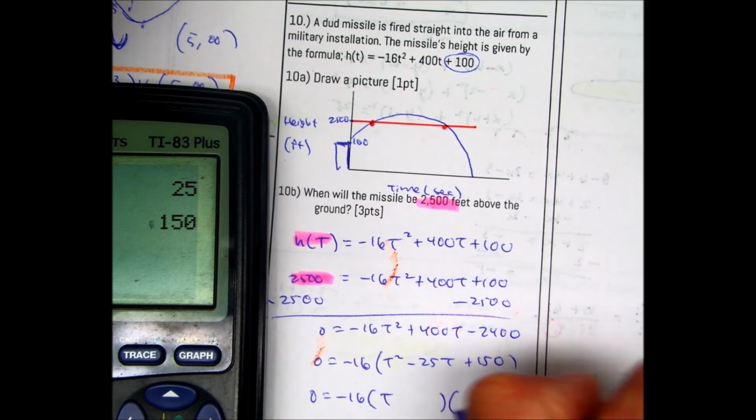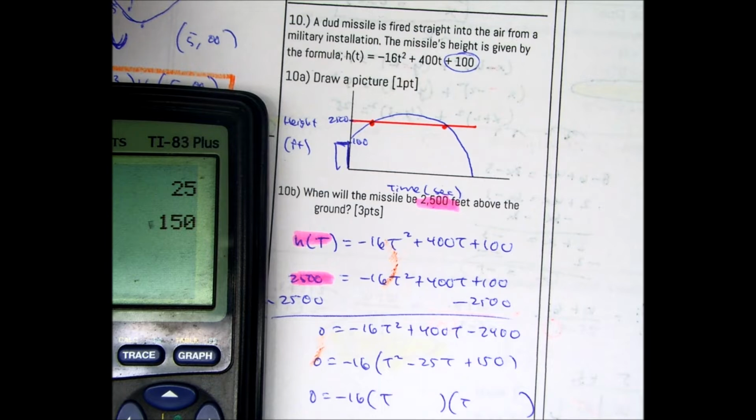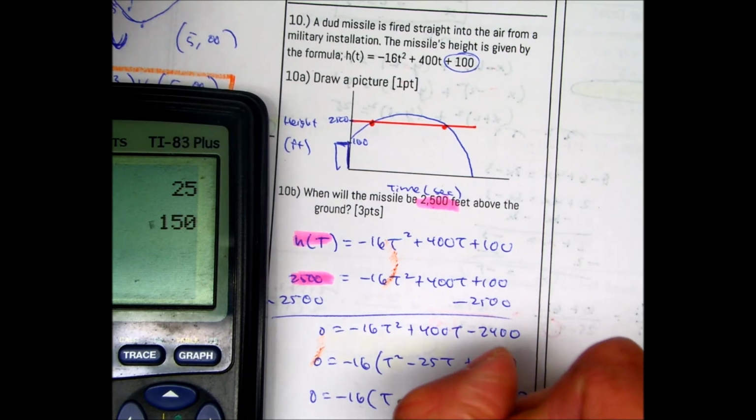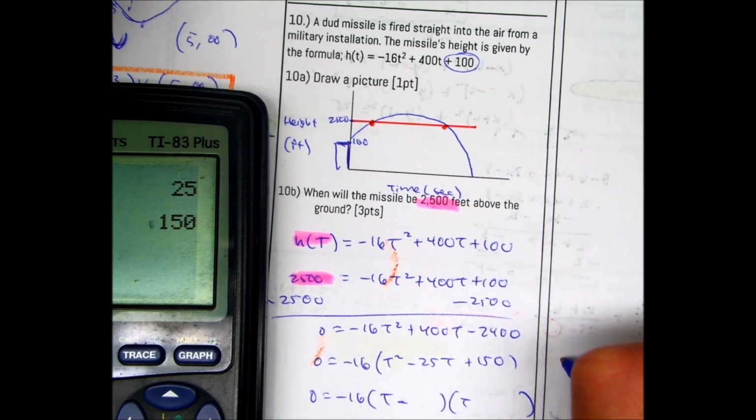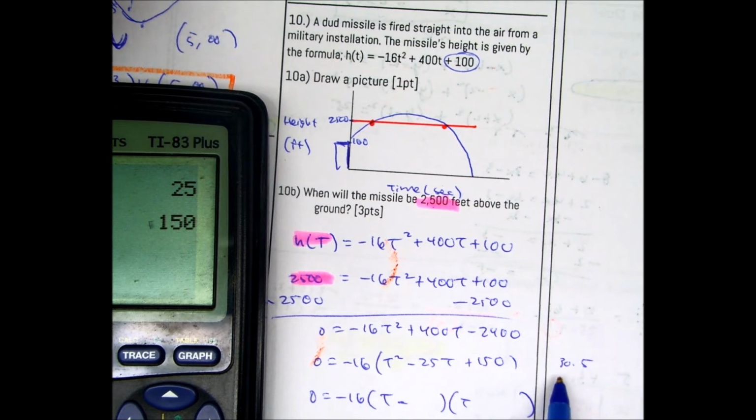So I believe I can factor that. Two numbers that multiply to be 150 and add to be negative 25, so negative 30 and 5. So negative 30, let's see, negative, positive.